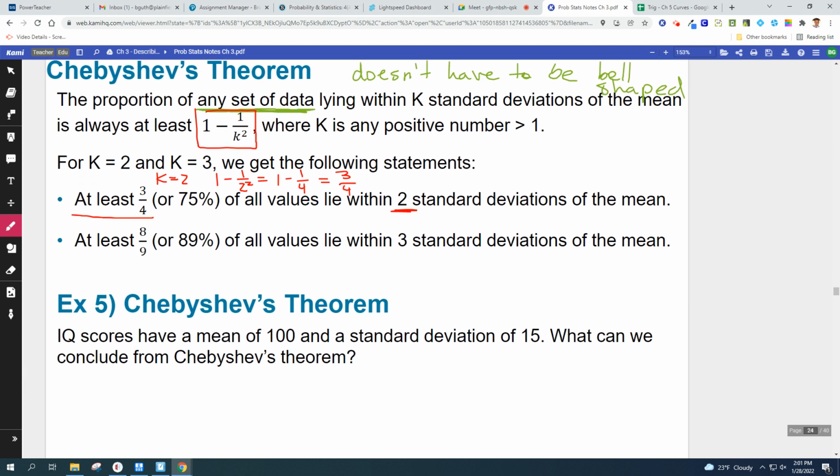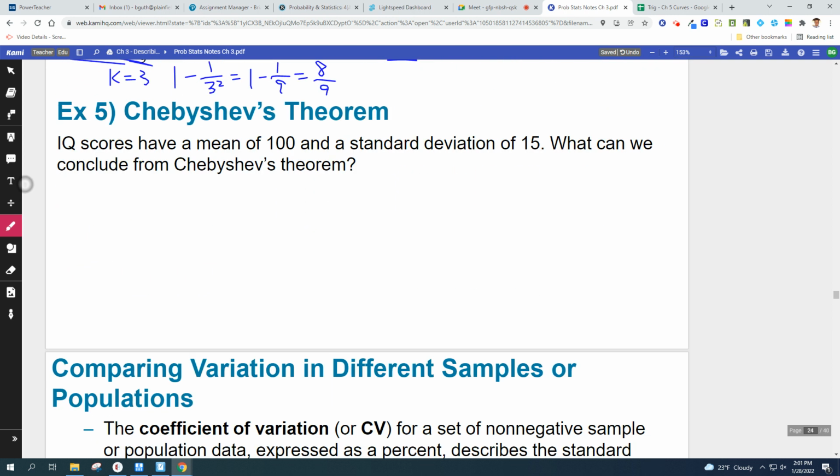We can talk about anything. So for k equals 3, Chebyshev says 1 minus 1 over 3 squared, 1 minus 1/9 is 8/9. So it says at least 8/9 of all values lie within 3 standard deviations. That's all Chebyshev says. And it's trying to do the same thing as the empirical rule.